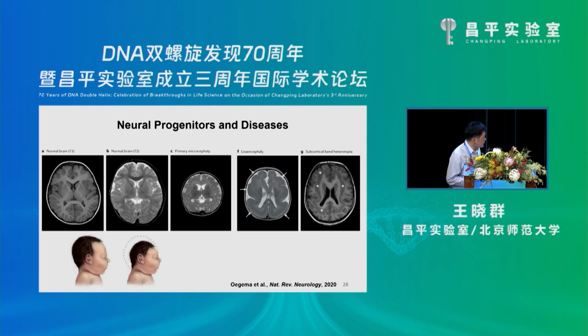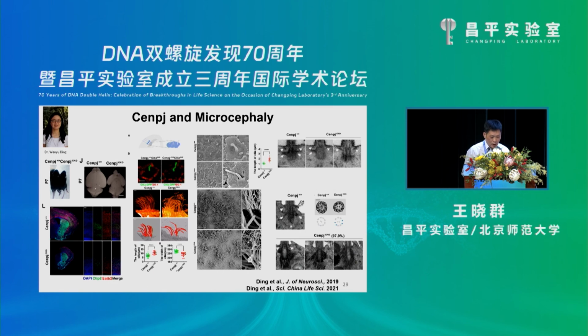We have another example for disease study, a disease with microcephaly, which is a neuronal progenitor related disease, with a smooth brain, or lissencephaly. Primates have a complicated gyrencephalic structure. There is also macrocephaly with very little gyrencephalic folding.